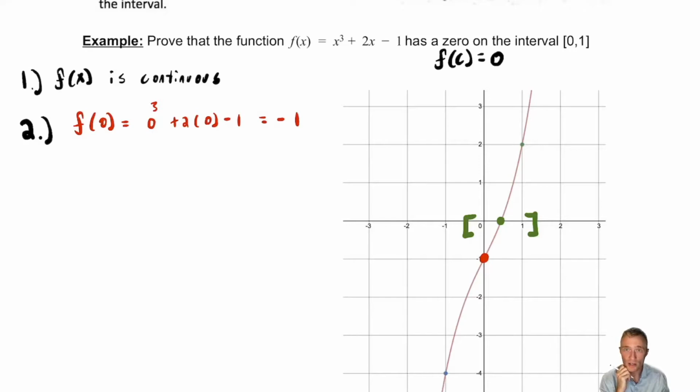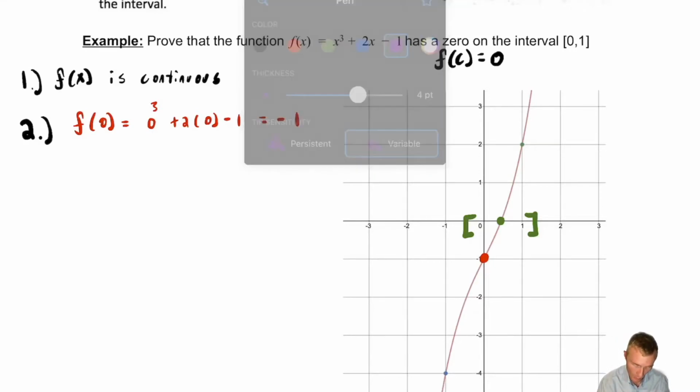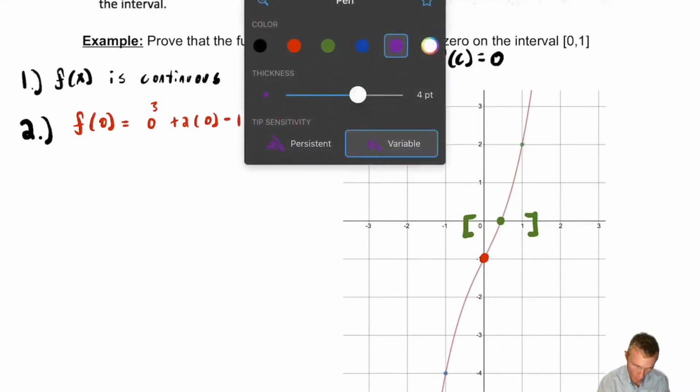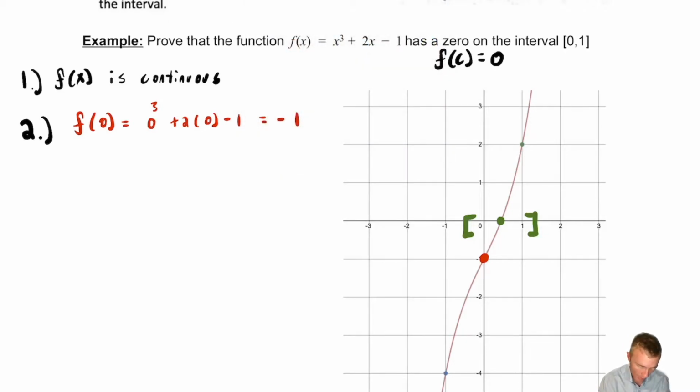Next, we're going to check f of 1. F of 1, because that's our b value, our other endpoint, is 1 cubed plus 2 times 1 minus 1. You do all that, you're going to have 1 plus 2 is 3, minus 1 is 2. And as you can see here, we have an f of 1 value of 2.